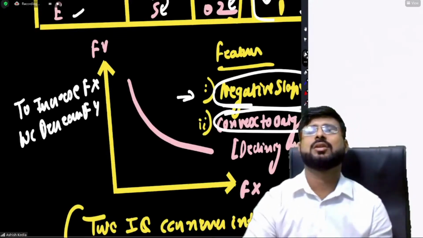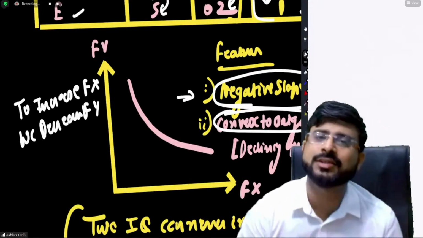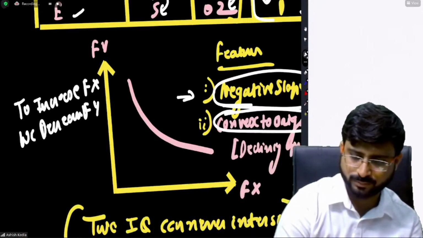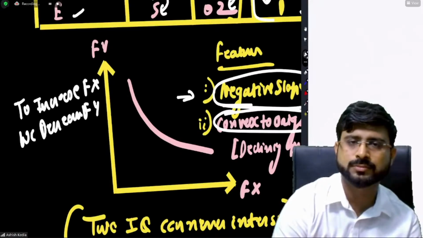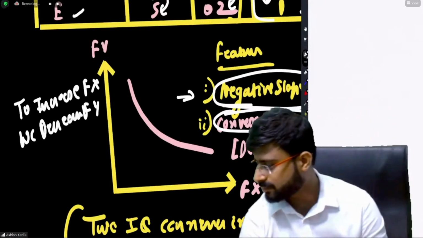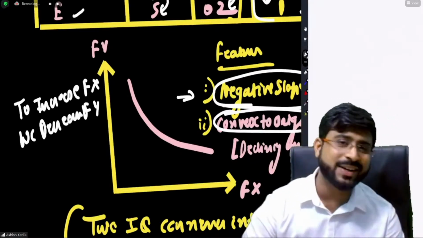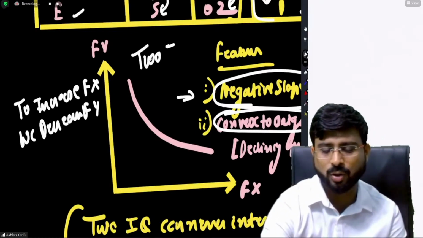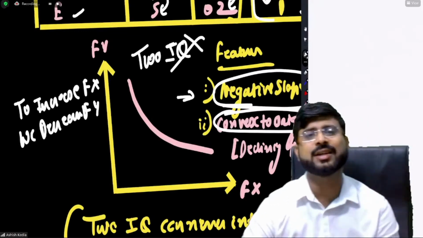Very simple question. Can two isoquants intersect each other? Very good. Just like two indifference curves cannot intersect each other, two isoquants also can never intersect each other.